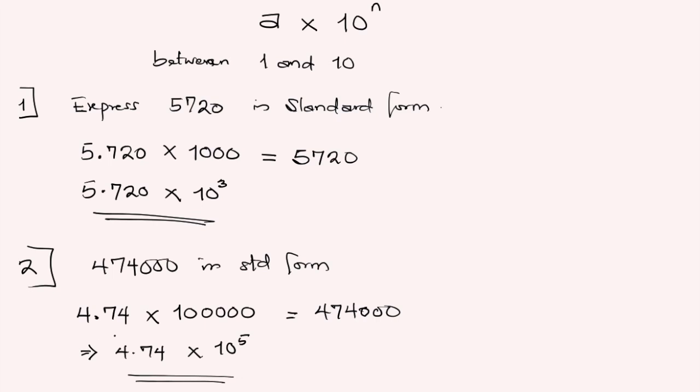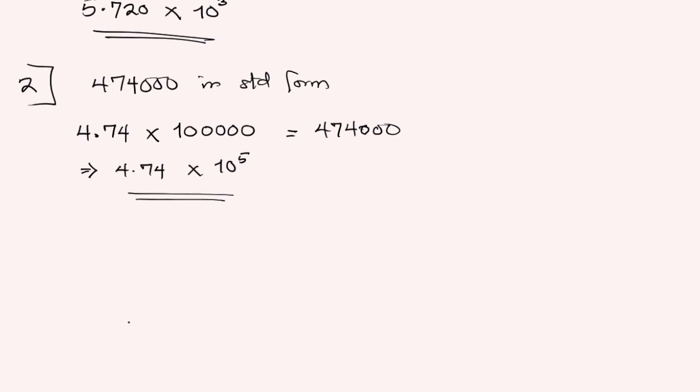And it's as simple as that. That's how we write numbers in standard form. We'll do more examples just so that we're conversant with it. If we were to express 82,647 in standard form, that will be 8.2647.